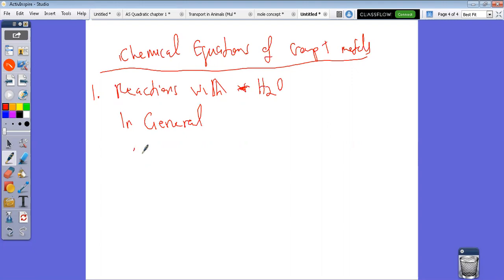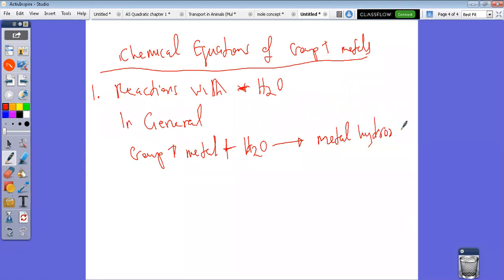Group 1 metal plus H2O, water, will give you metal hydroxide plus hydrogen gas.